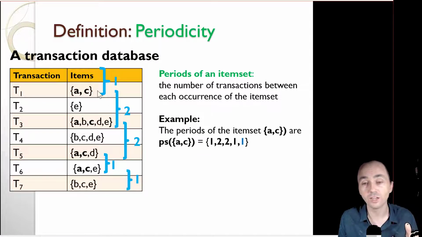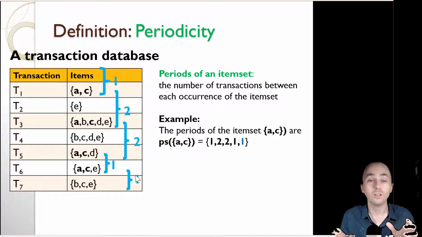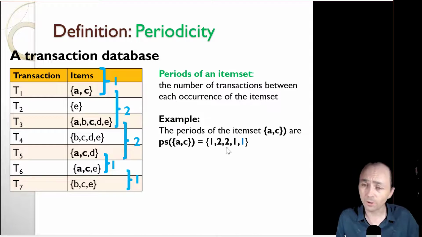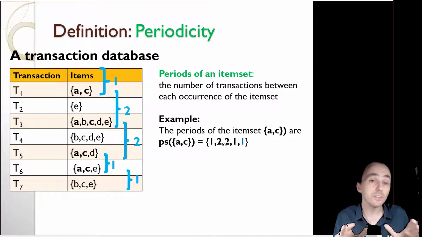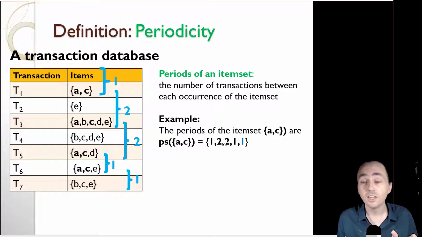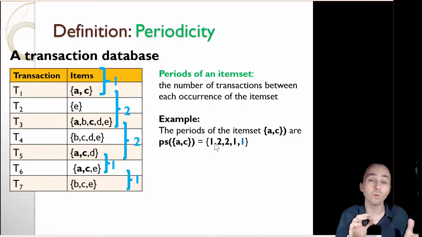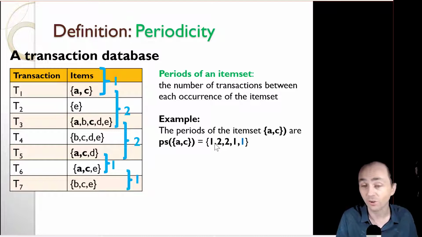For the first and the last period, it is special. So now we have the periods of the item set AC. It tells us that this item set AC appear every about 1 or 2 transactions. The people always buy A and C together, like apple and cake.